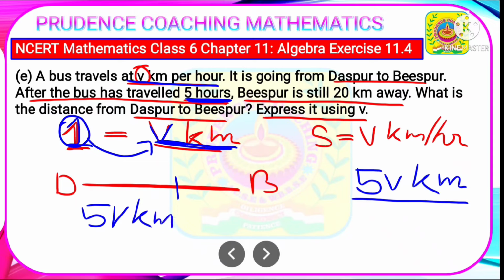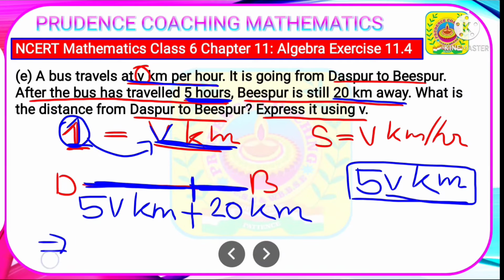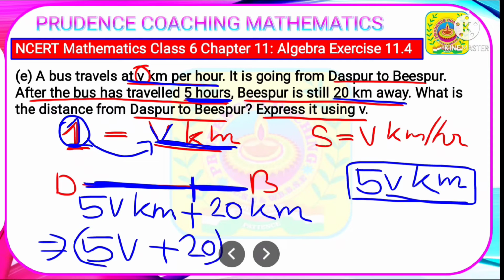Okay, this is done. Then also it is said 20 kilometer is left. That means if we want to go this much distance, it will be 20 kilometer. So what will be the total distance? Total distance will be this distance, that is 5v kilometer plus 20 kilometer. So your final answer will be (5v + 20) kilometer, because the unit here is kilometer.